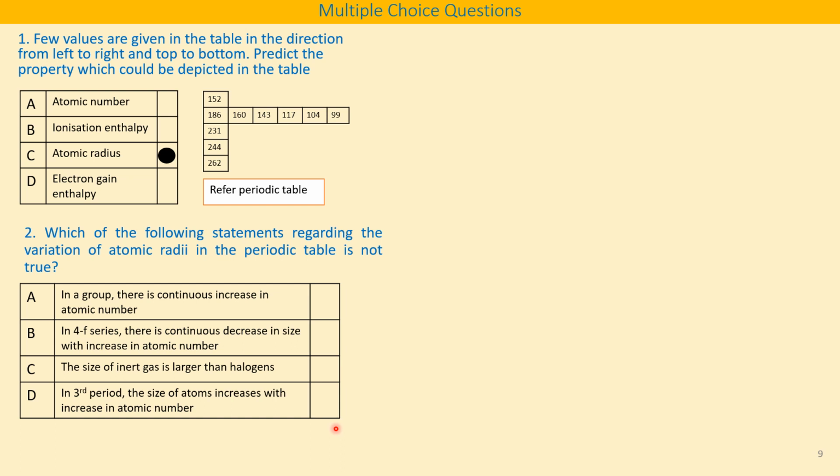The size of an atom decreases with increase in atomic number in a period. But here it is given with increase in atomic number it has increased. So option D is the wrong statement. So you mark it.